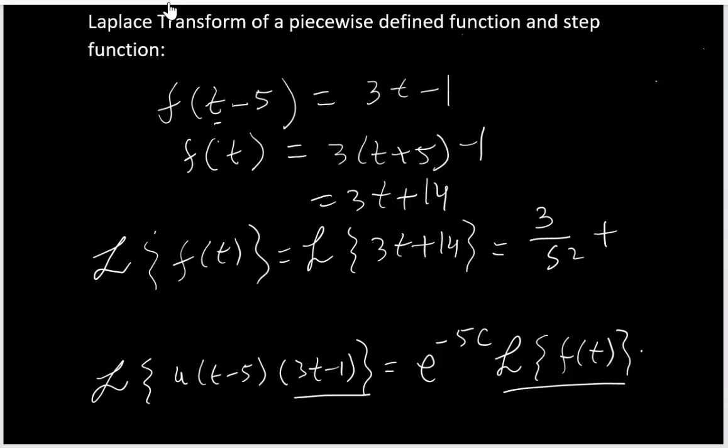And the next one is 14 over s. If you put it back here, e to the negative, sorry, this will be s, not c, negative 5s, and then you get 3 over s squared plus 14 over s. Now if you go back to the previous result we produced from the piecewise defined function, you have the same answer. Thank you.